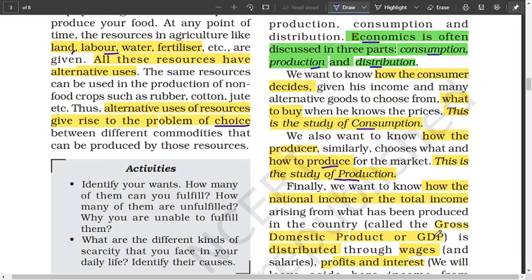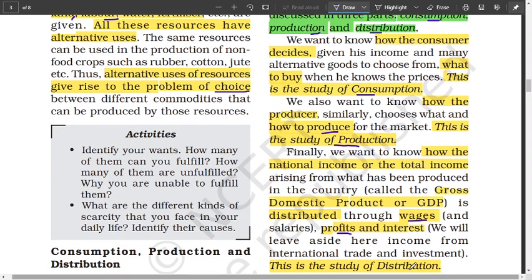This earning becomes part of the national income of the country, and this income is distributed back to the people in the form of wages and salaries, meaning labor, as we all work; profits for those doing business or production; and interest on capital for those who give loans. This is the study of distribution.